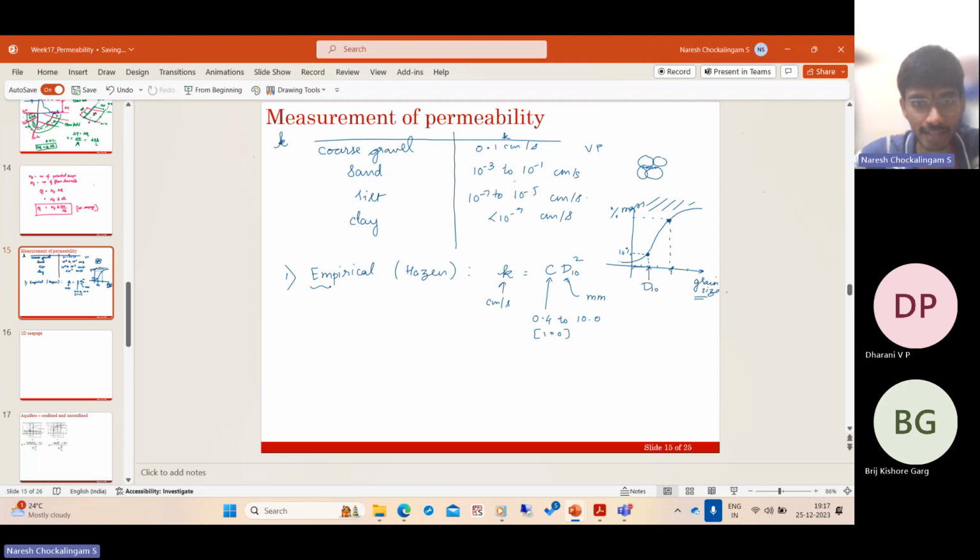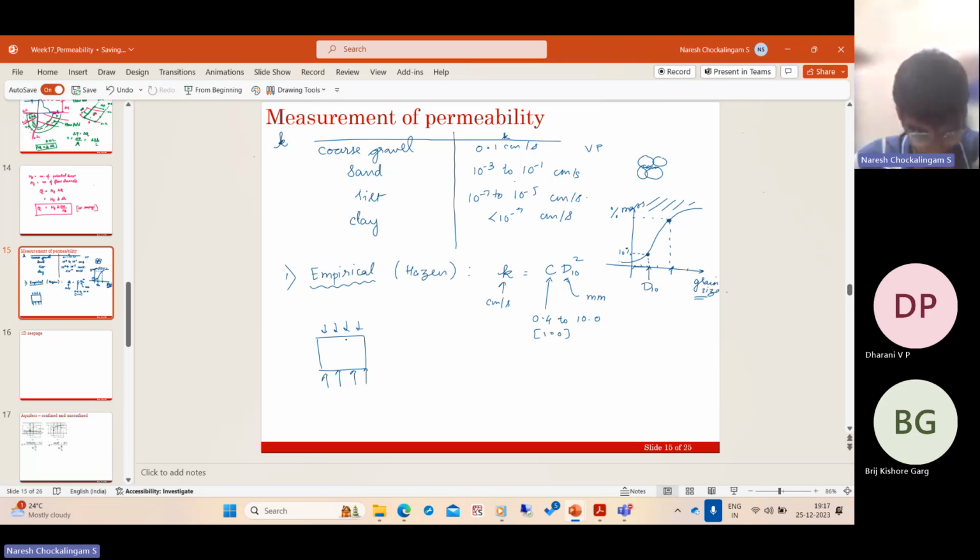So this is one way. It is just an empirical relation. We do a sieve size analysis of the soil and then use this relation to estimate the permeability. However, this does not take into account the effect of pressure. Suppose you have a soil in the field; in the vertical direction, the soil is always subjected to some pressure due to loading, and the horizontal direction is relatively free.